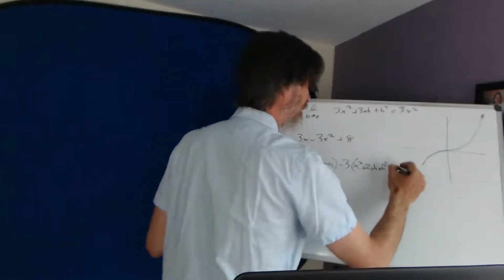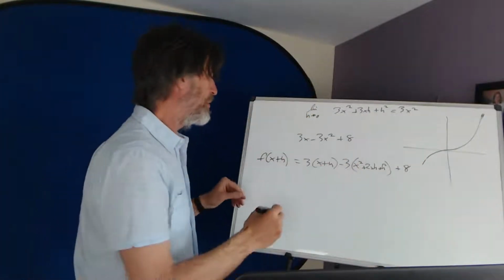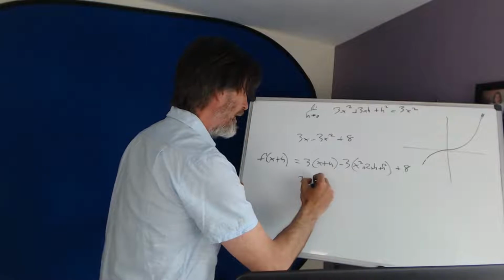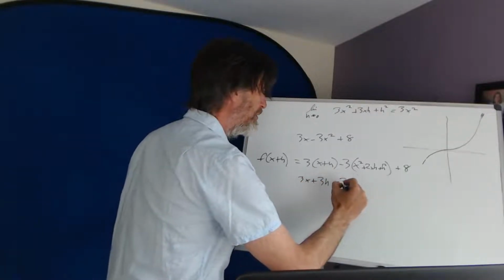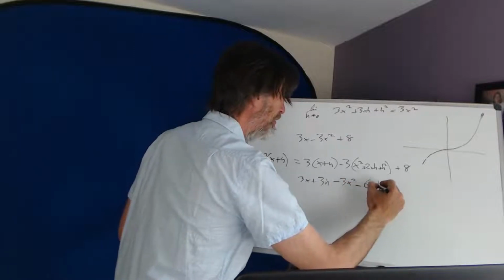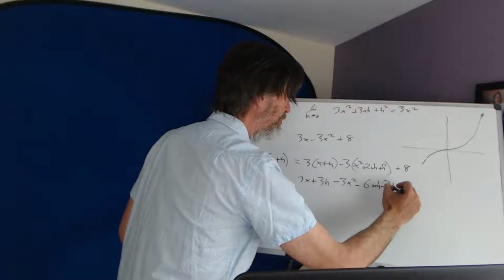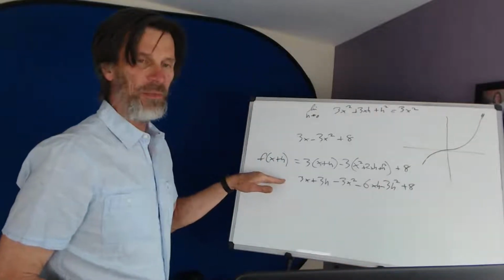And then plus 8. And before you finish this step, make sure you have all the distribution done. 3x, 3h added together, minus 3x squared, minus 6xh, minus 3h squared, plus 8. There's f of x plus h.